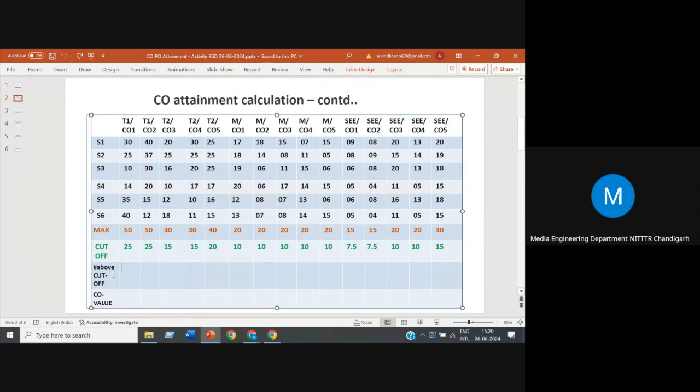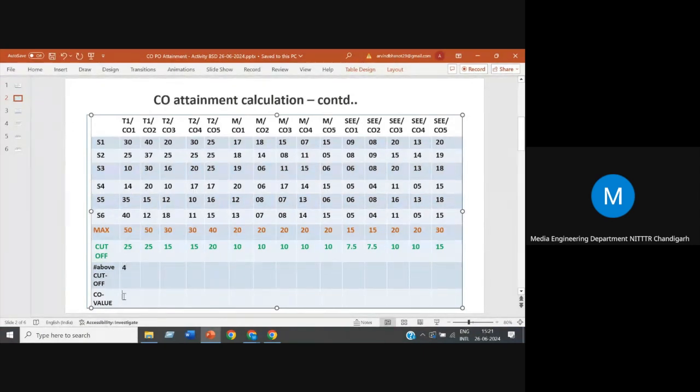This row is showing the number of students above cutoff. For this column, the cutoff is 25. So how many students are above cutoff? You can see 25 and above. S1 is 30, S2 is 24, so 4 students. Now what will be the CO value for this?